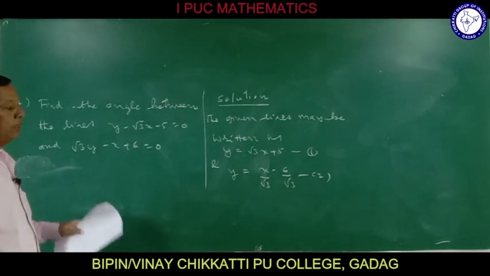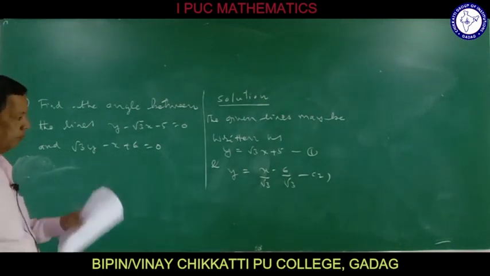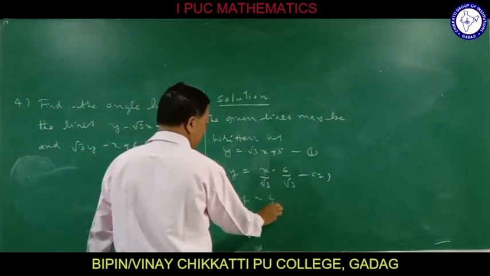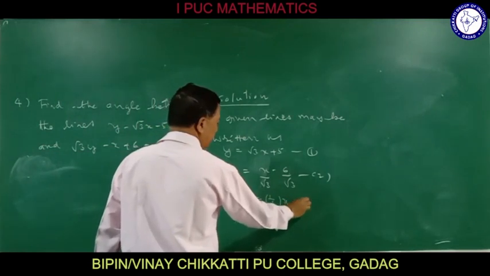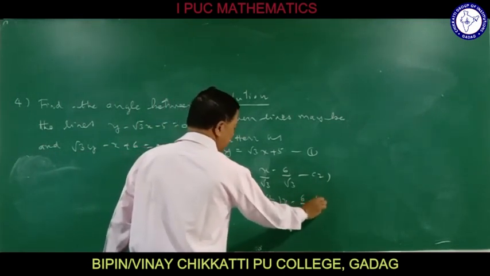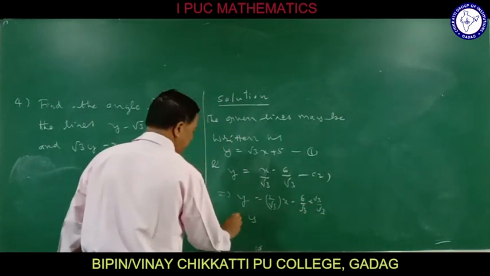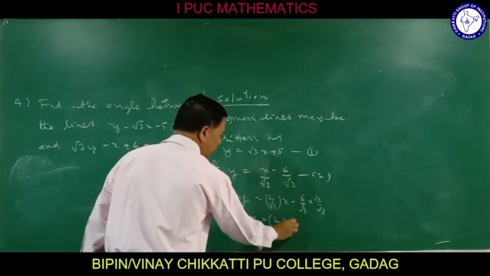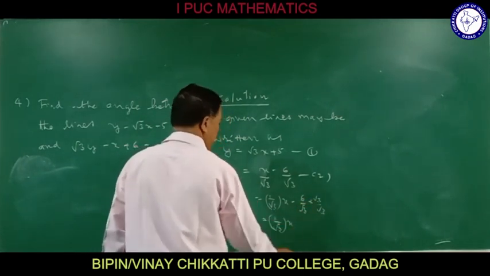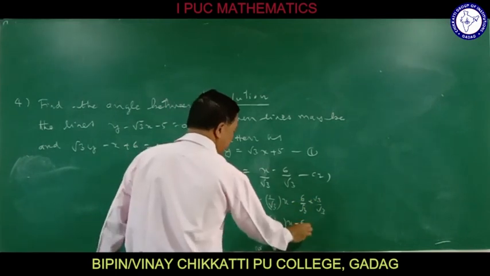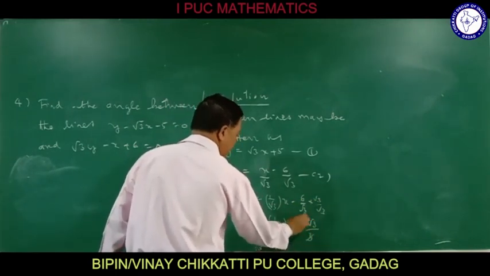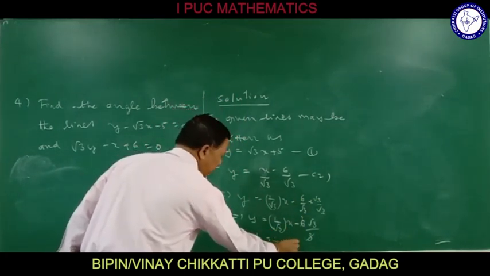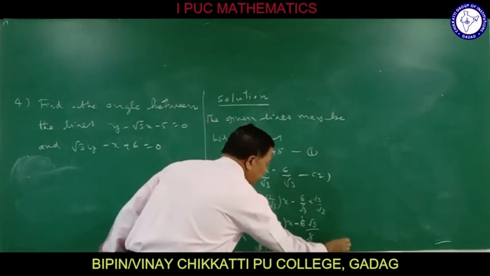So when you write that result here, you may go for the simplification, that is 1 divided by root 3x minus 6 by root 3. Root 3 rationalization may be done. So this is equal to 1 by root 3x minus 6 root 3 divided by 3. 3 1s are 3, 3 2s are 6. So finally what we find, 1 by root 3x minus 2 root 3. So this is y equal to mx plus c form.